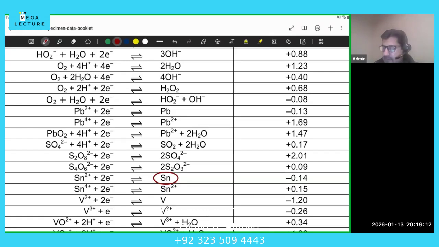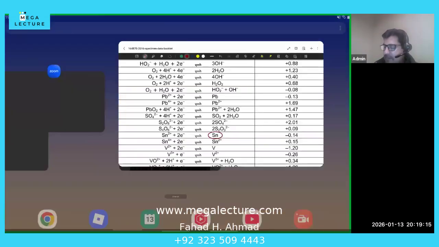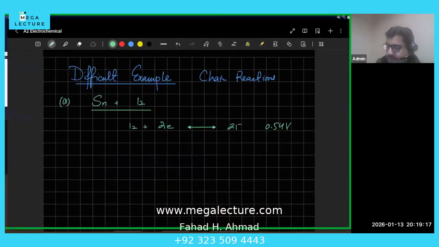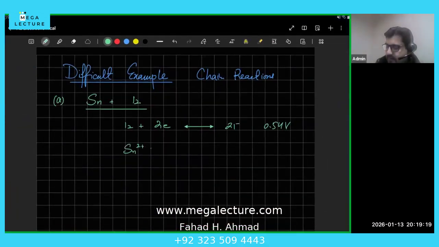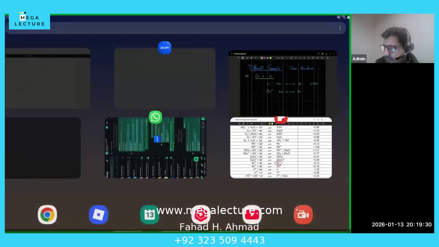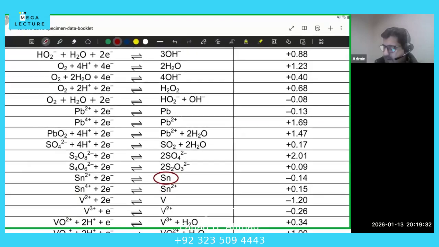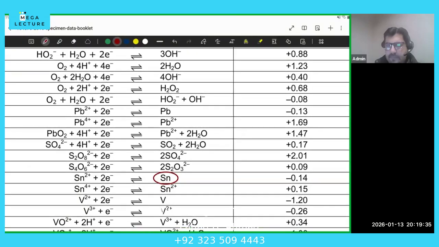I'm just going to write this. Tin 2 plus and tin, right? So I'm going to write that. Tin 2 plus, यहाँ पे there's tin. क्या value थी? It was minus 0.14 volts.